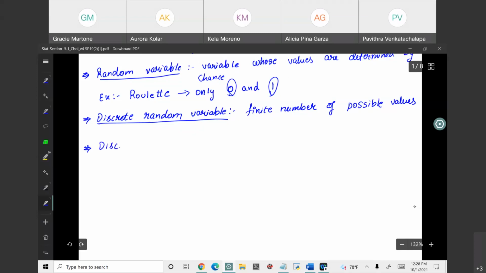Then what is a discrete probability distribution? You will be studying this in your lab 5.